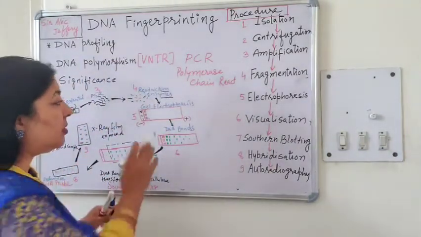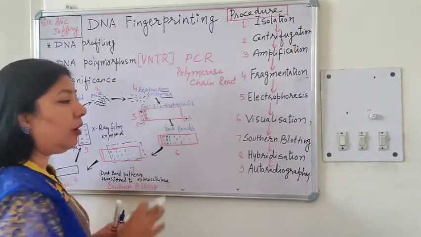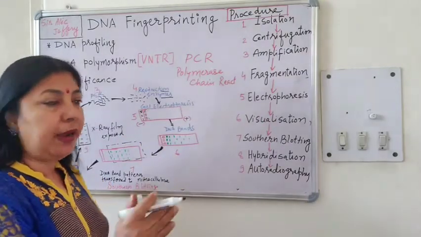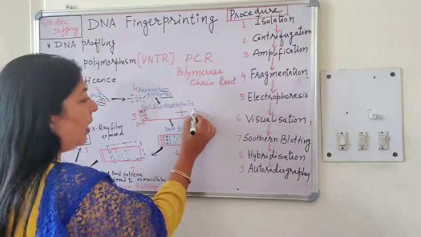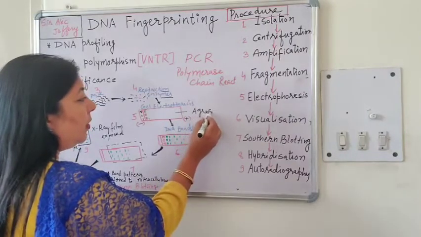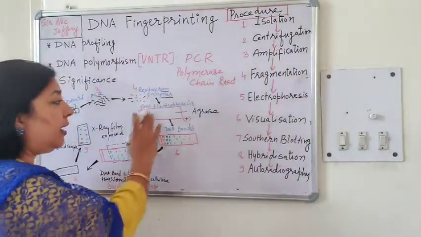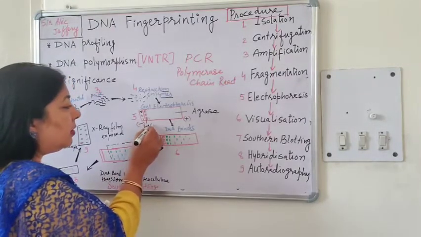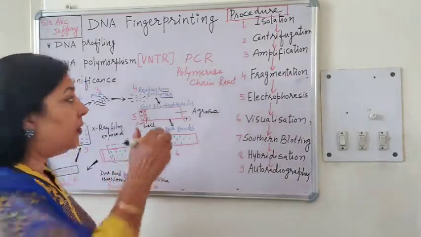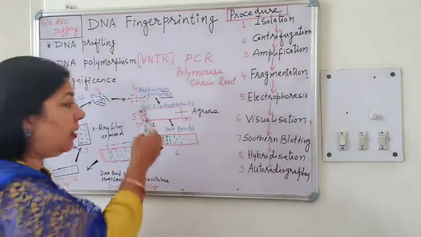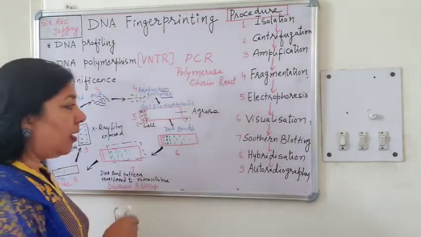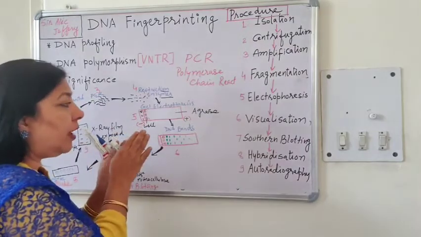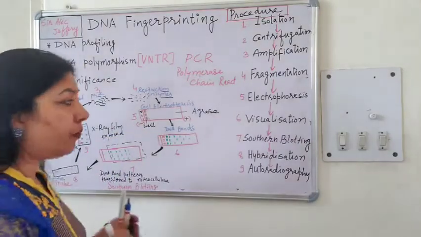gel electrophoresis, where first of all a bed is prepared which is made up of agarose. So agarose gel bed is prepared. These are called the wells, where the DNA which is fragmented is loaded, and this DNA is loaded under the electric field.